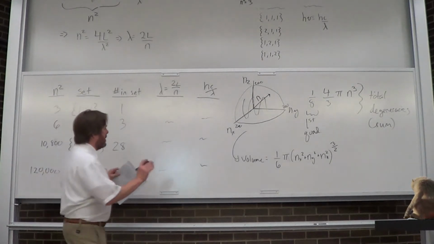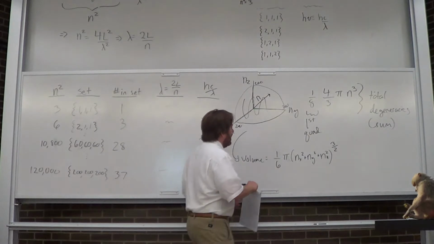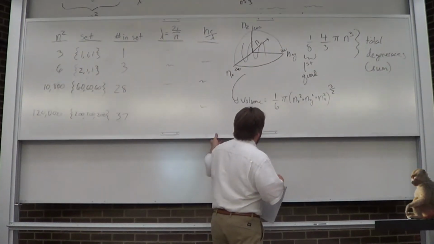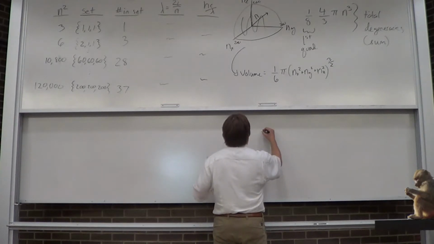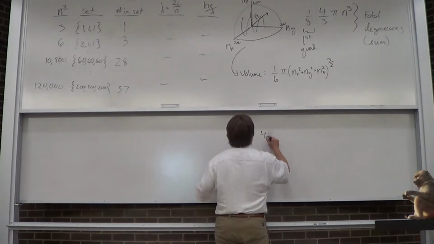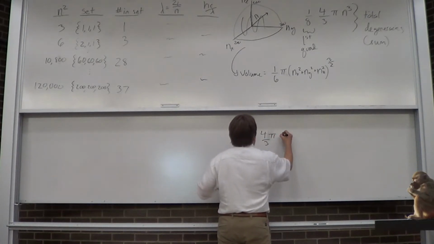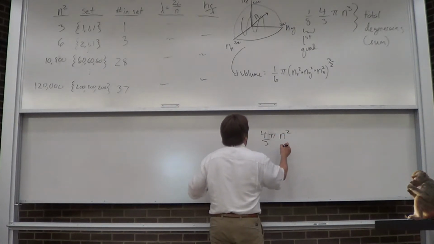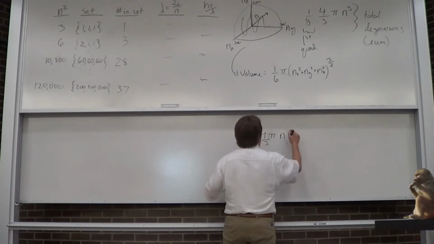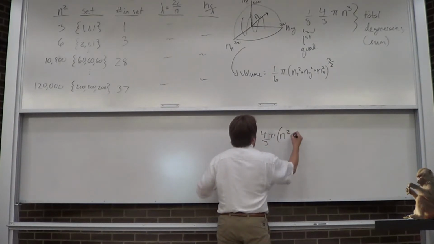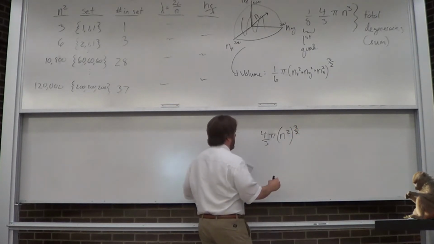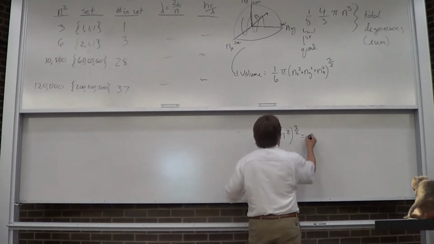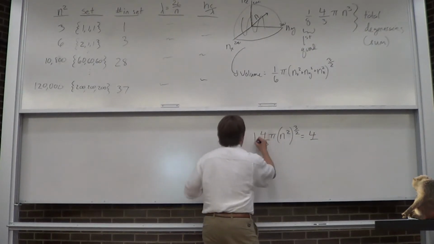So if you get a little confused at that, let me just point out. How can I do this? So I need 4/3 pi n cubed, and to get that, I take n squared to the 3/2 power.